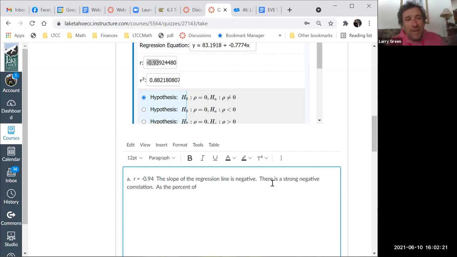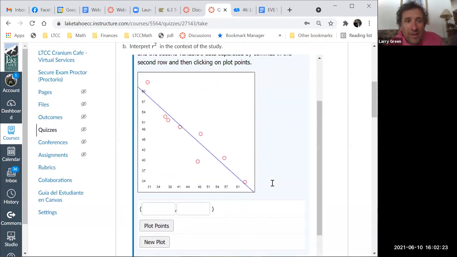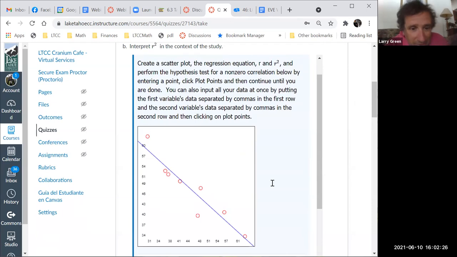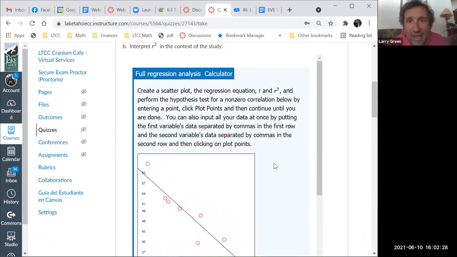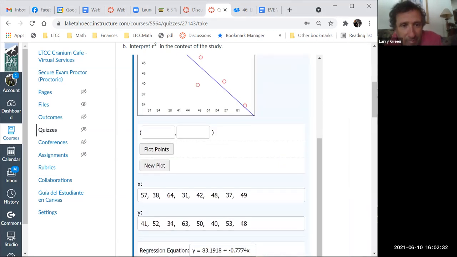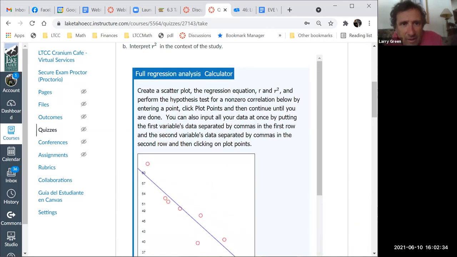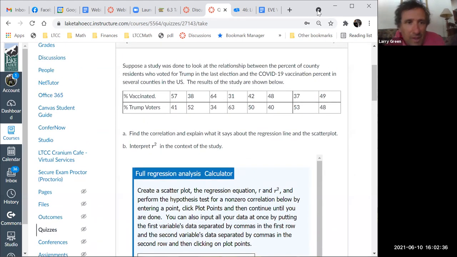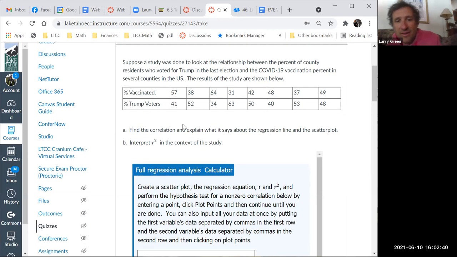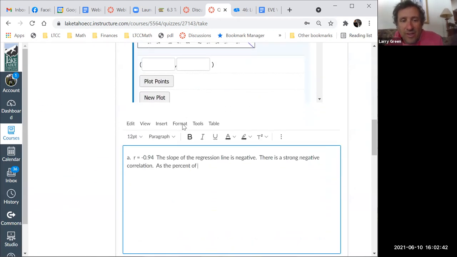Except it's backwards, because remember the first variable? If you look in here at the table, percent vaccination is the first and the Trump is the second. Okay. Right? So it's that.